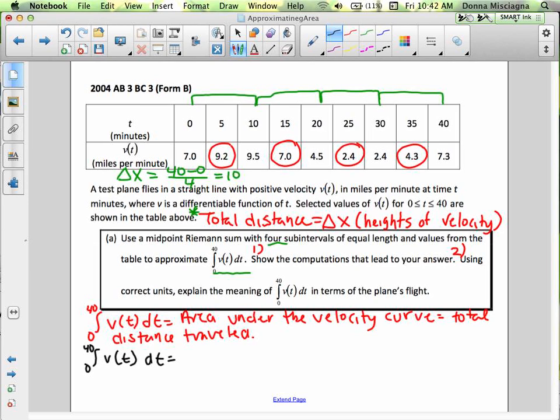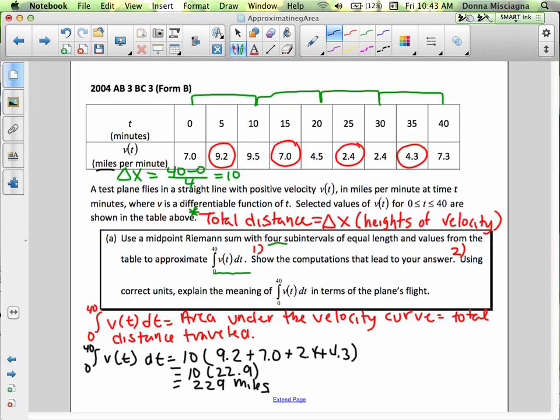So we have our change in x, which is 10, times the heights of the rectangles, which is 9.2 plus 7 plus 2.4 plus 4.3, which would be 10 times 22.9, which is equal to 229. Now, let's put units on that. That's 229 miles.